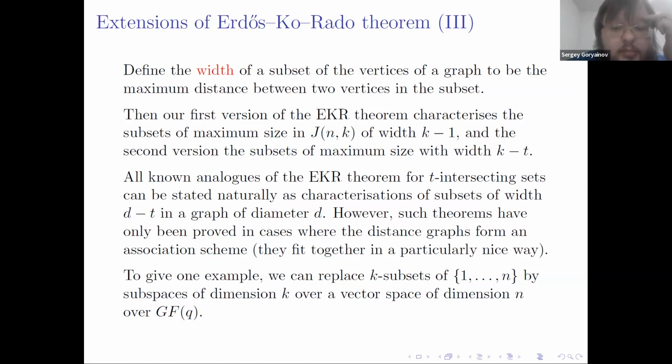To give one example, we can replace k-subsets of the set from 1 to n by subspaces of dimension k over a vector space of dimension n over the finite field of order q.